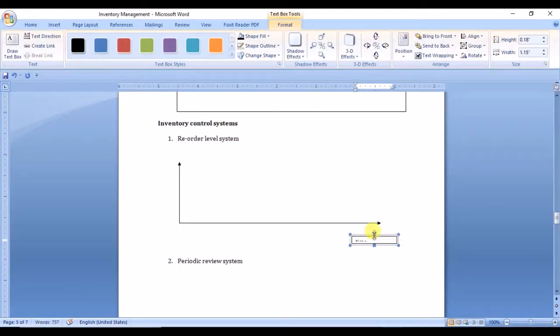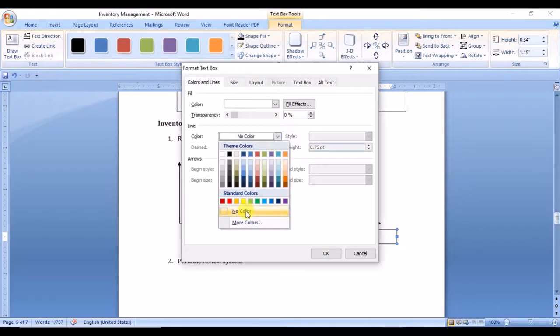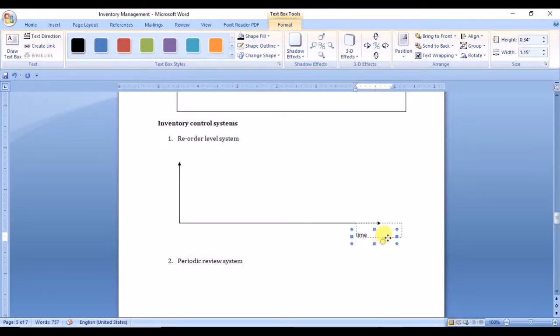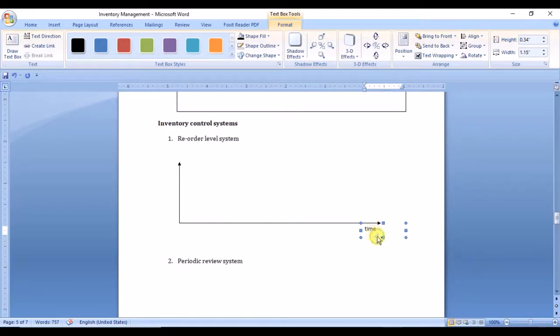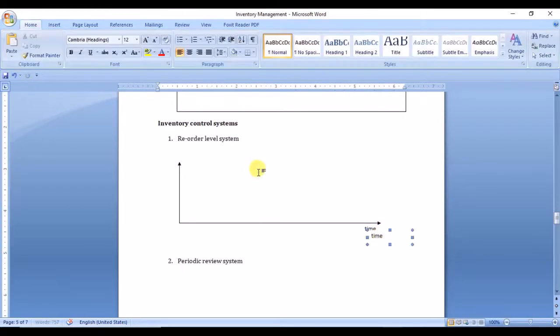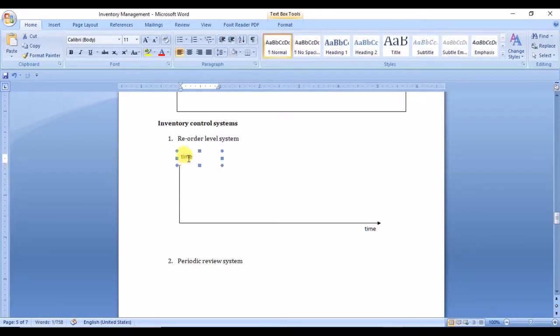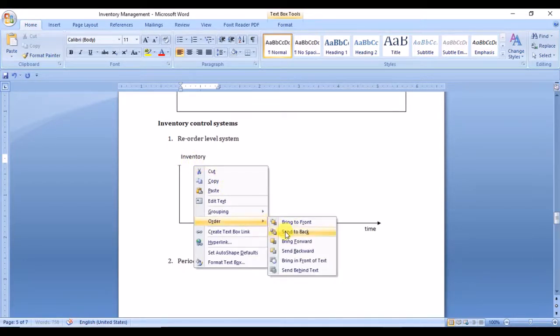This is time. And the y-axis, let me take the inventory level.